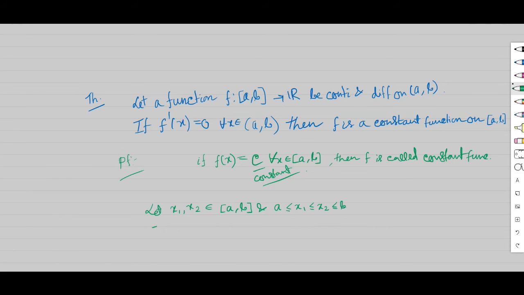Then f is continuous on the closed interval x1, x2, right? The equality between x1 and x2 doesn't hold.